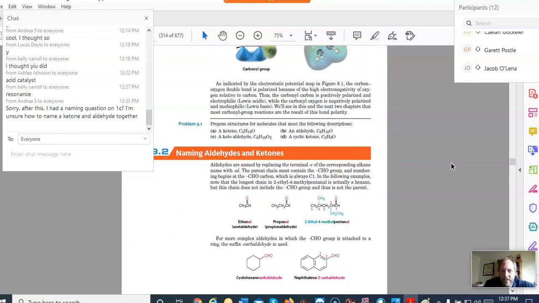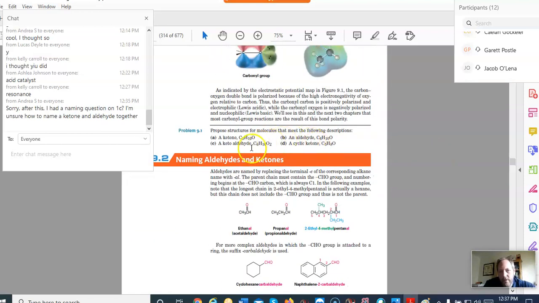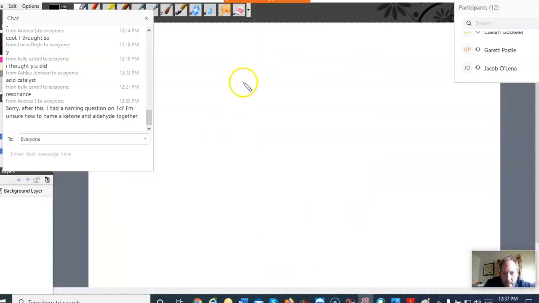But if you did want to do it, basically what you do is you name the aldehyde because the aldehyde has a priority because the carbonyl is on the carbon 1. And then the ketone you name as an oxo, O-X-O. So you tell the reader where it is. I'll go over quickly, but I'm not going to have you guys do that. So the aldehyde gets priority since it's on carbon 1.